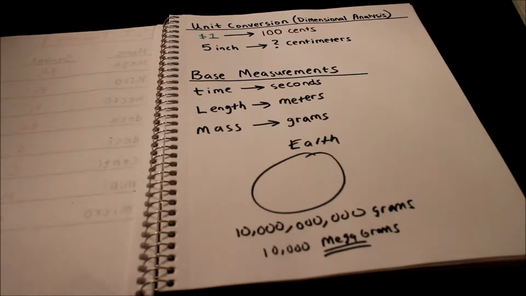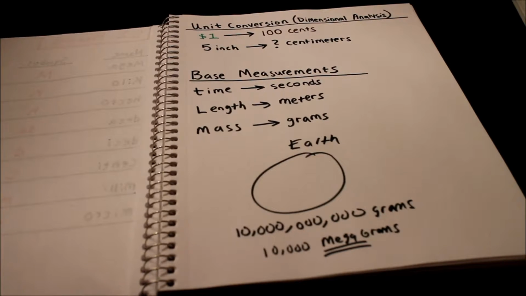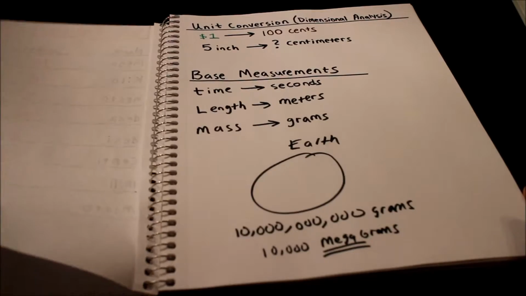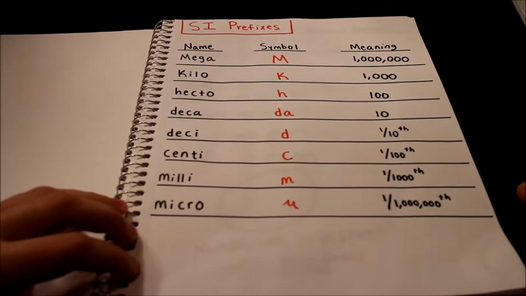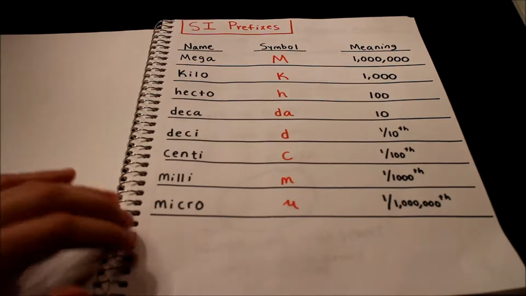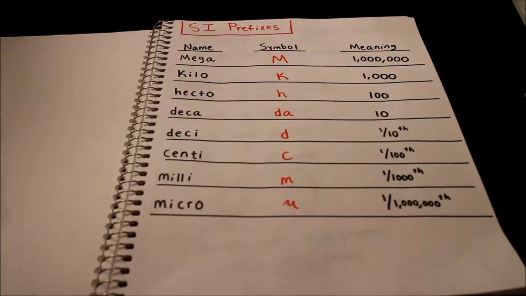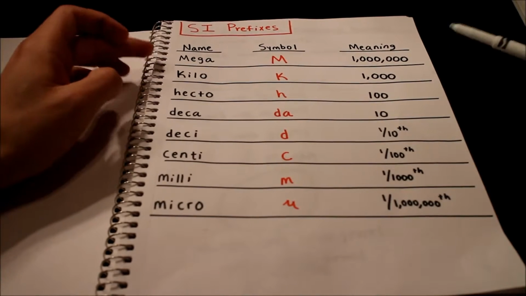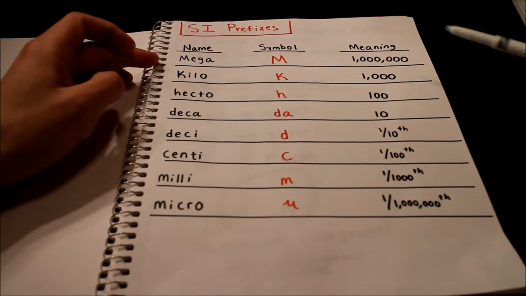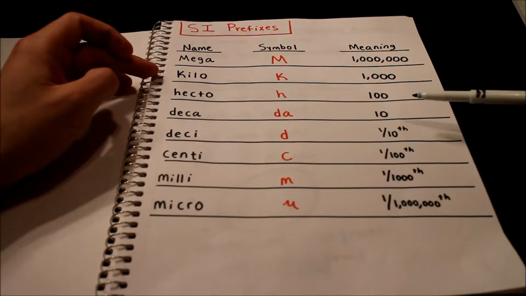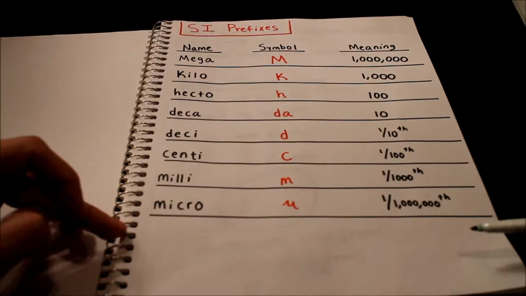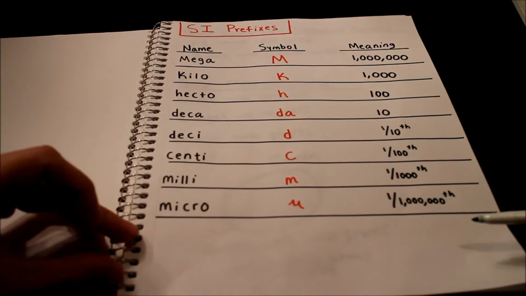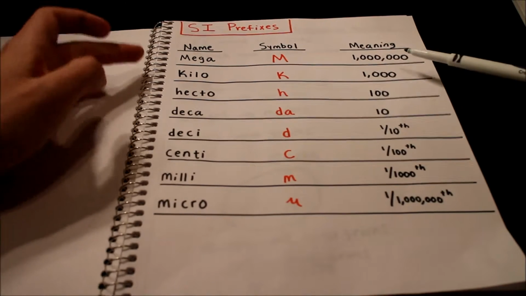And there's a bunch of prefixes, and I want you to go ahead and look at this table I've created for you right here. Go ahead and pause the video when you get a second and just memorize these. You have to understand these to understand dimensional analysis. So you've got this big M for mega. That means 1,000,000. Kilo is 1,000, hecto 100, and the list goes on. So it just makes it convenient when you're dealing with a lot of stuff.